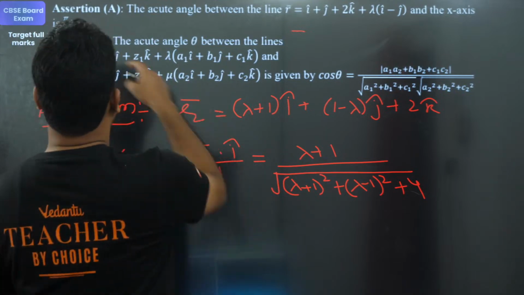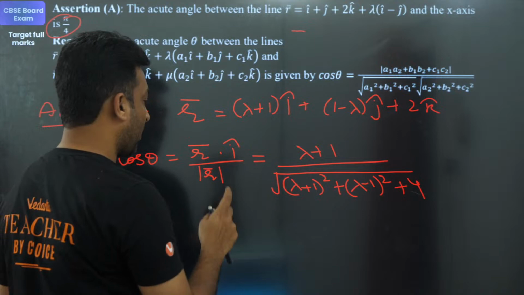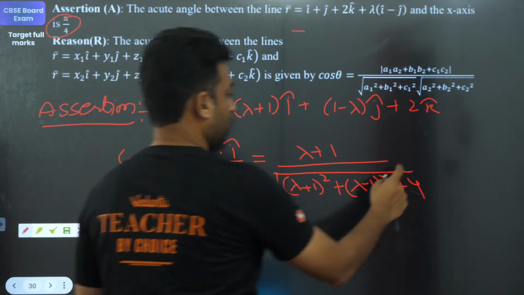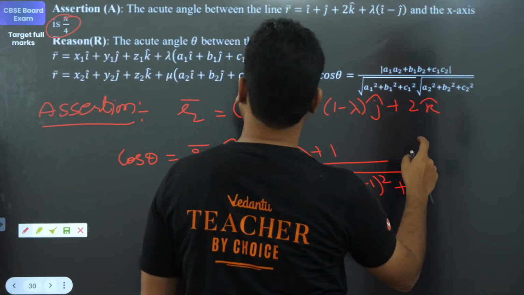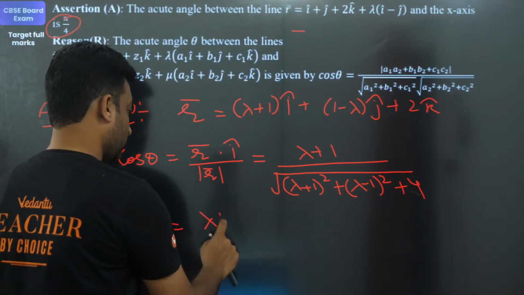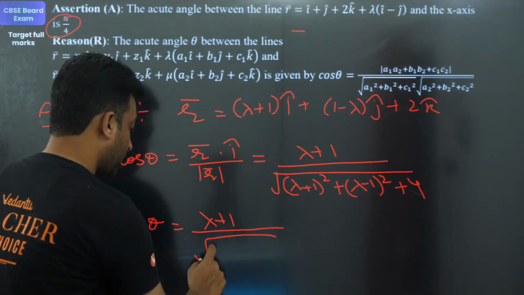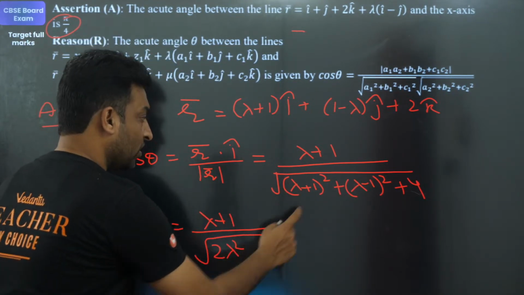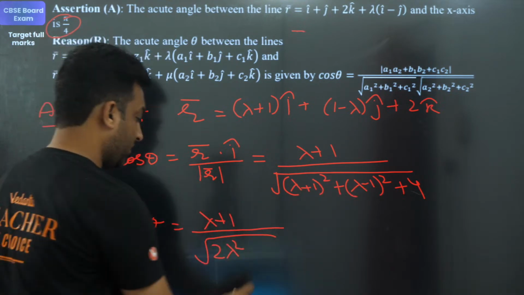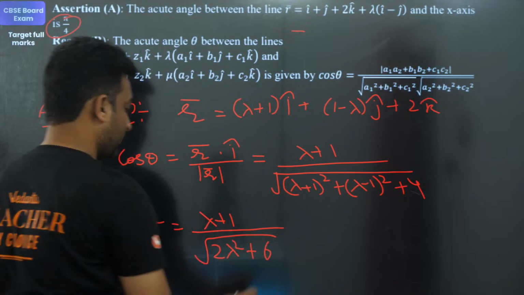Theta is given to be pi by 4. We have to check whether theta comes out to be pi by 4. Lambda square, 2 lambda square plus 2 lambda minus 2 lambda cancel, plus 1 plus 1 plus 4, that is 6.